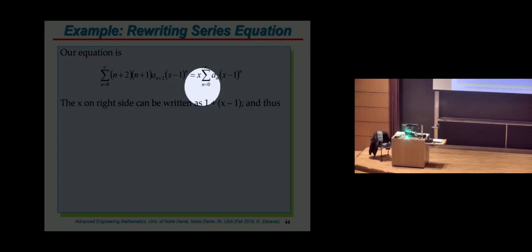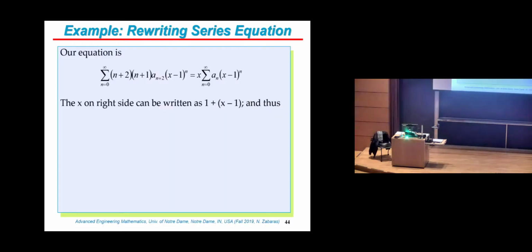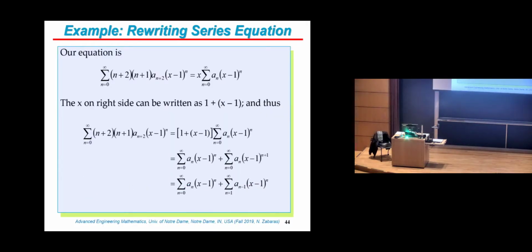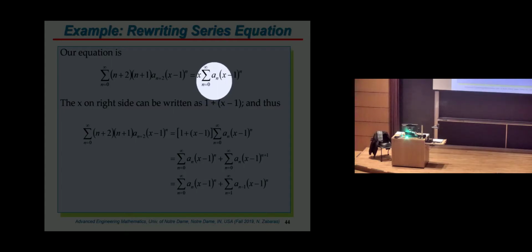So we write x as 1 plus x minus 1. If you do that, you will get two terms from the right-hand side: 1 times the series that you see here, and then x minus 1 will give you x minus 1 to the power n plus 1. So basically we have this equal to that plus that.